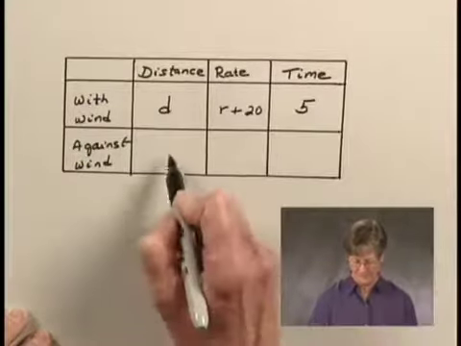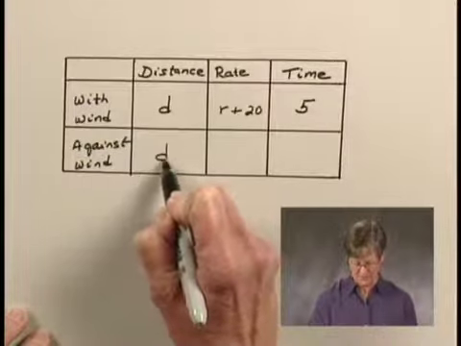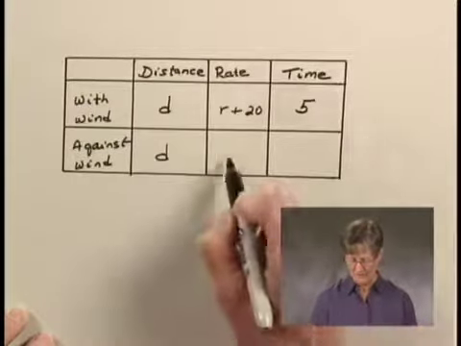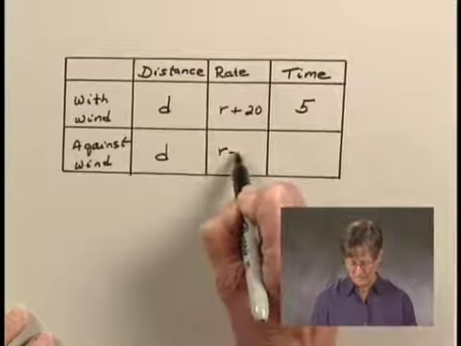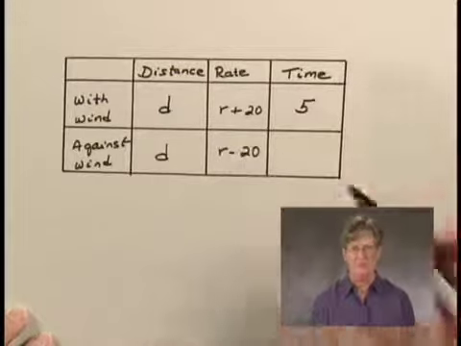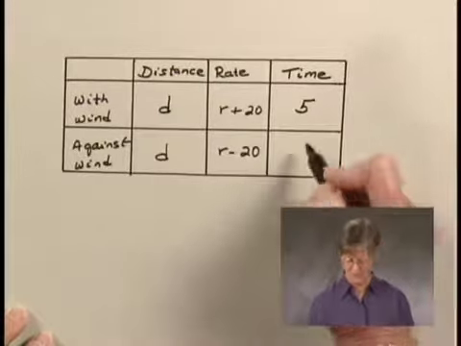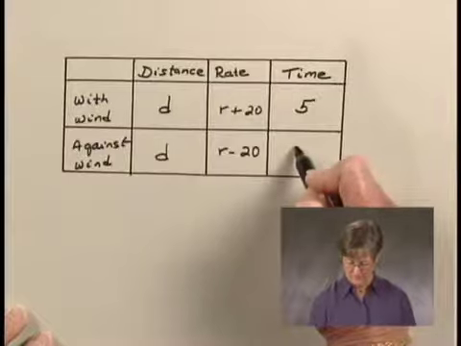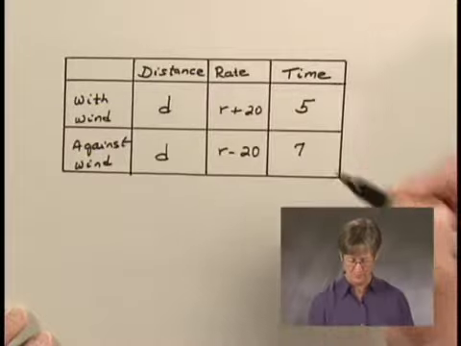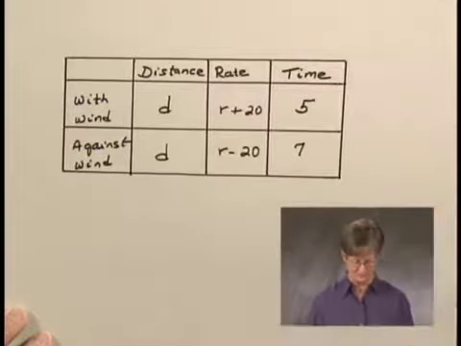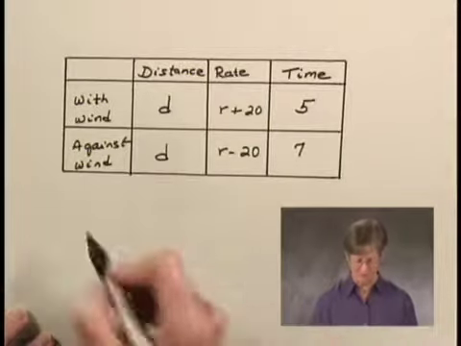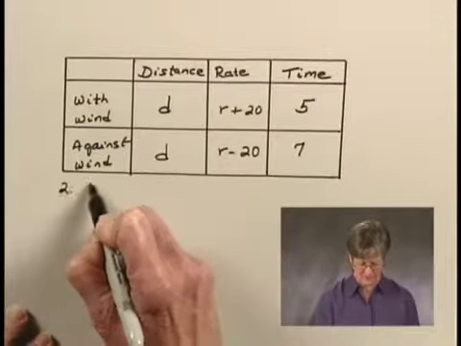Now, the distance against the wind is the same as with the wind, so that's d again. And its speed against the wind is r minus 20. And we're told that it takes 7 hours to travel the same distance against the wind, so we'll put 7 in that last slot.